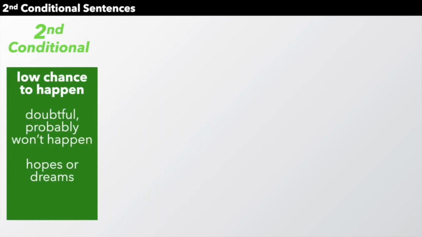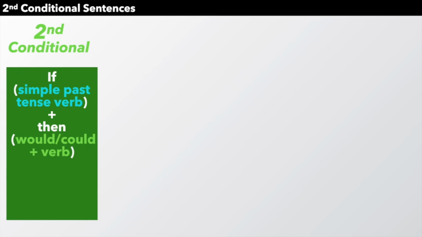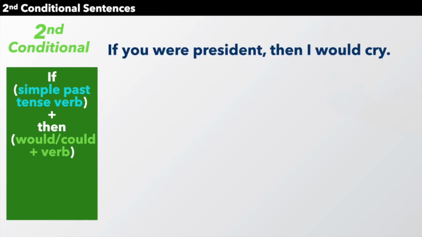But let's focus on the second conditional. We have the if plus the simple past, kids. Remember, simple past. Then you can use would or could plus the verb. So always would or could. Then we have some examples here. If you were president, I would cry.